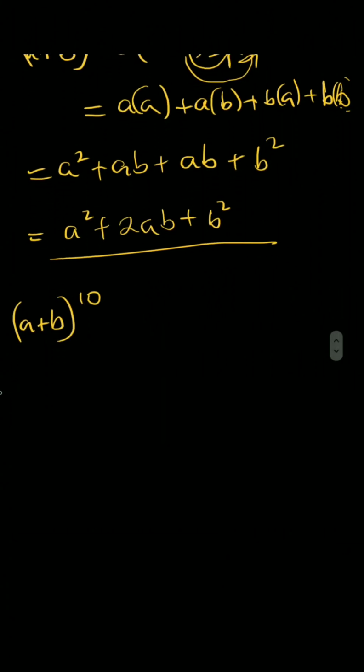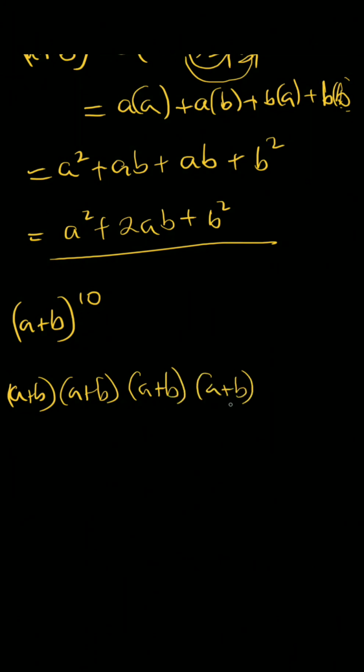Now suppose it is very big. Let's say we have our n, or our power, to be 10. This means that what is inside the parentheses will multiply with itself 10 times repeatedly.